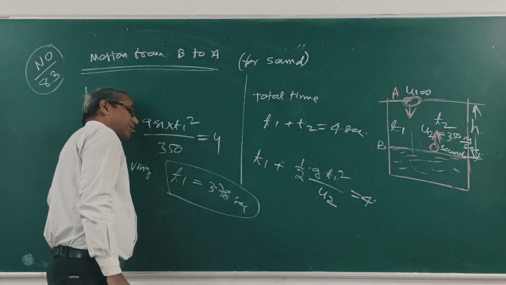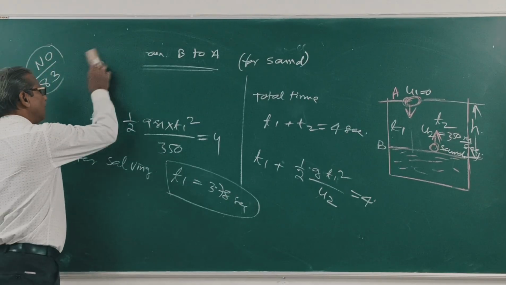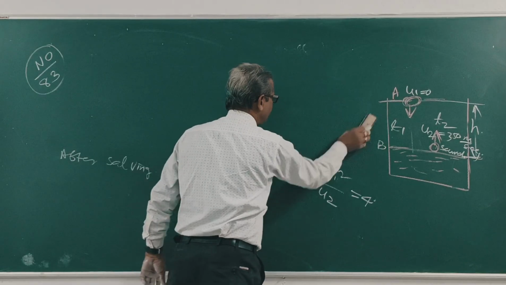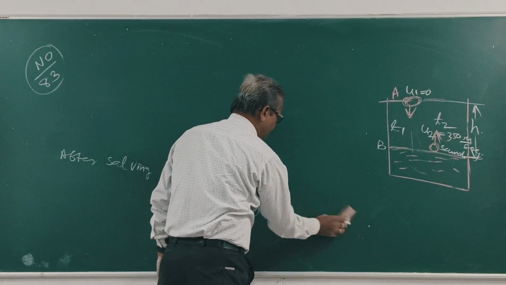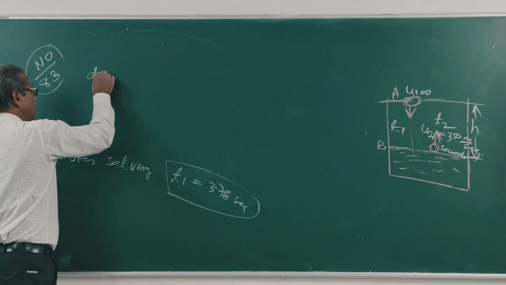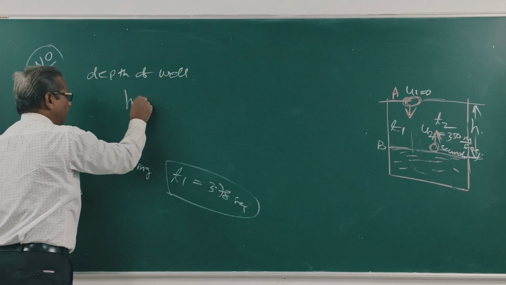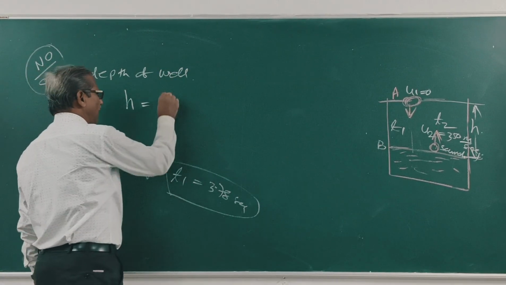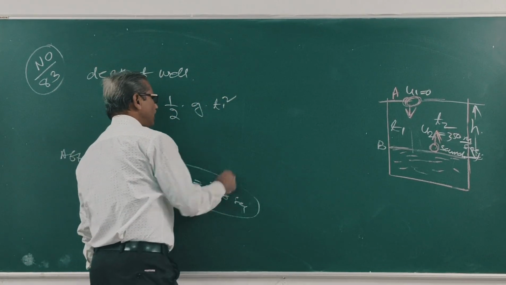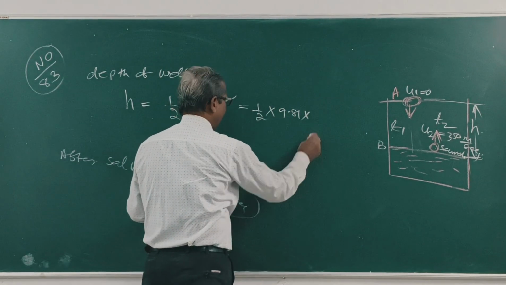T1. What is H? Now, depth of well. H is equal to half G T1 square, half into 9.81 into 3.78 square.